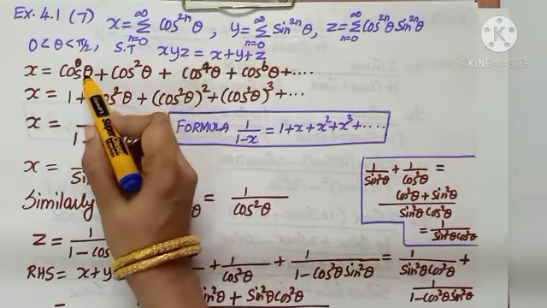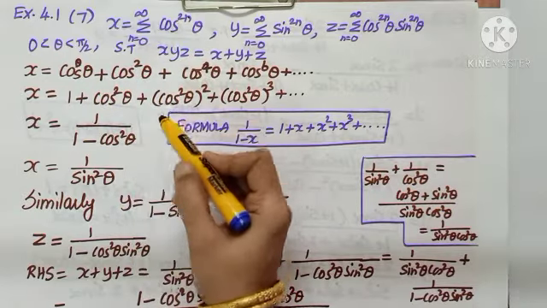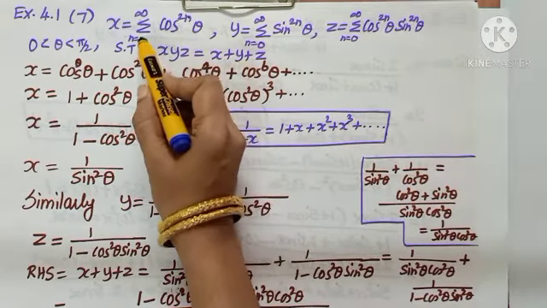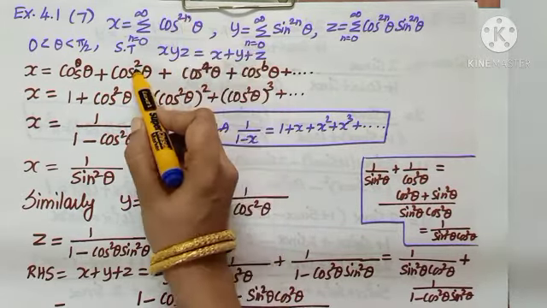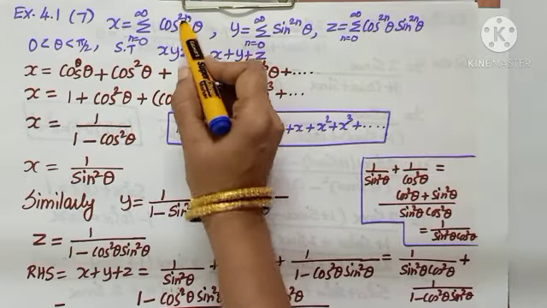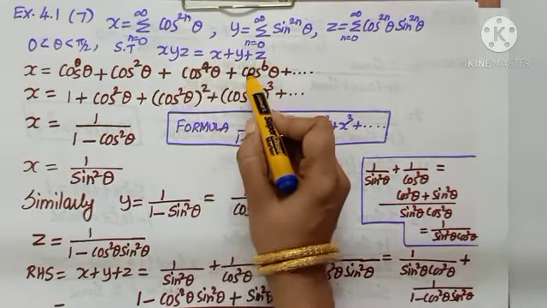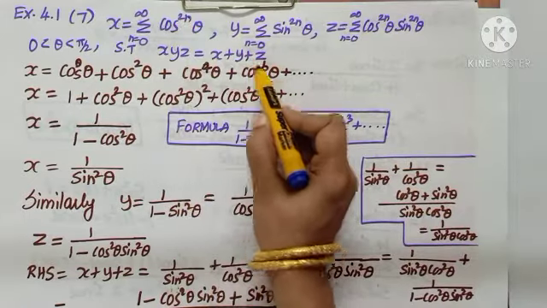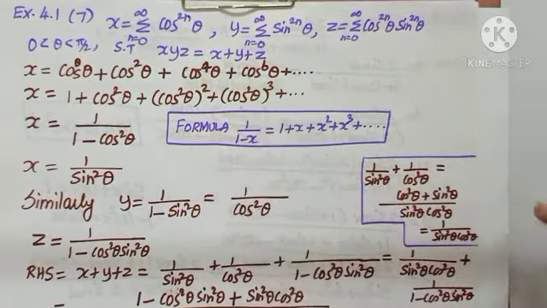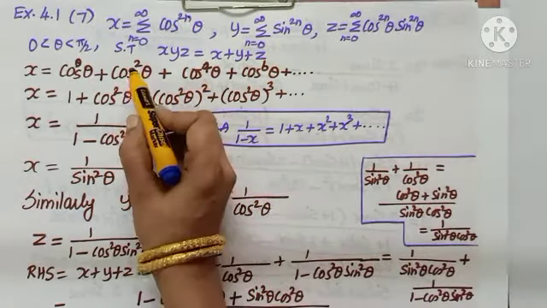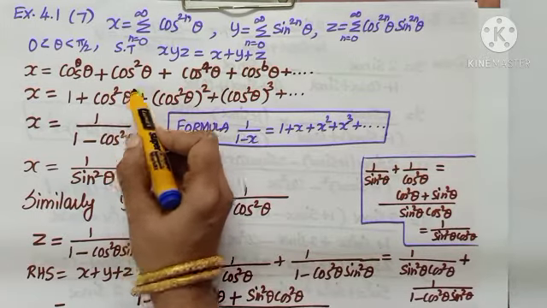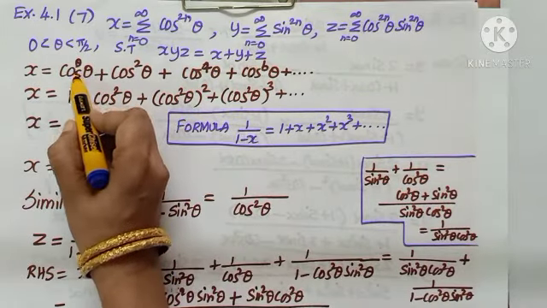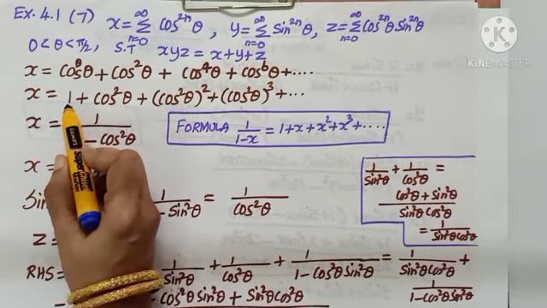Cos power 0. The next term, cos power 1, I have to put 2 into 1, 2. Cos power 2 into 2, 4. Cos power 2 into 3, 6. And it goes on and on. What is this? Write as it is, cos power 0; anything power 0, we write 1.